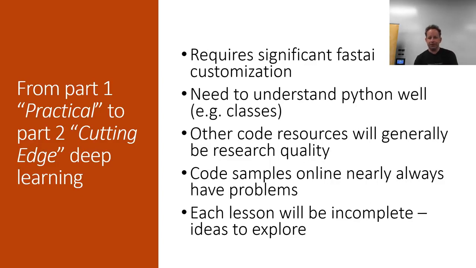So this part 2 is Cutting Edge Deep Learning for Coders. And what that means is I often don't know the exact best parameters, architecture details, and so forth to solve a particular problem. We don't necessarily know if it's going to solve a problem well enough to be practically useful.